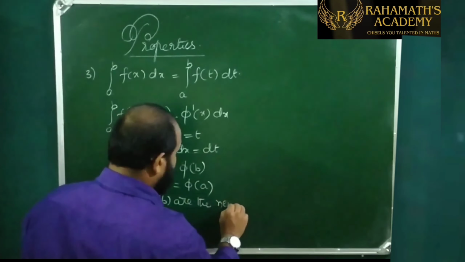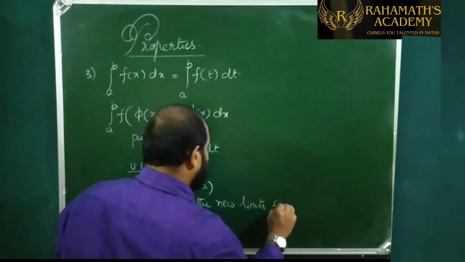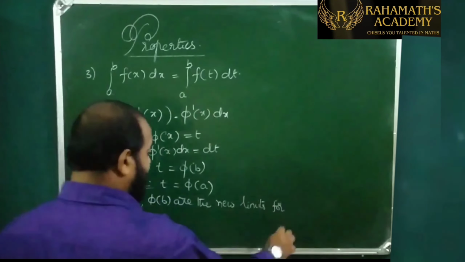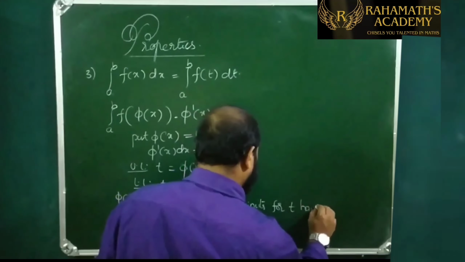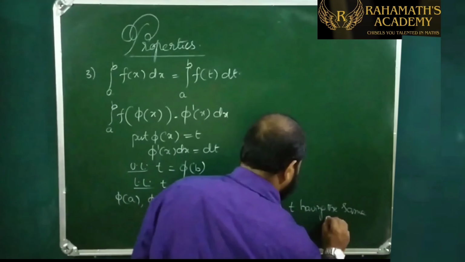Therefore here phi(a) comma phi(b) are the new limits for t, having the same range [a, b].